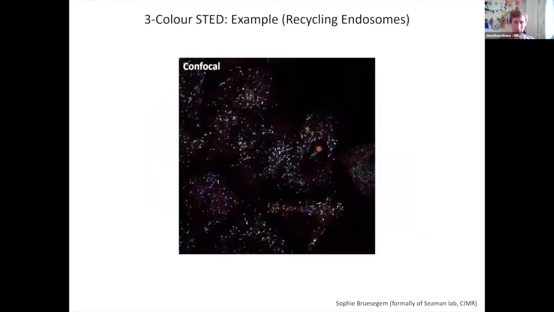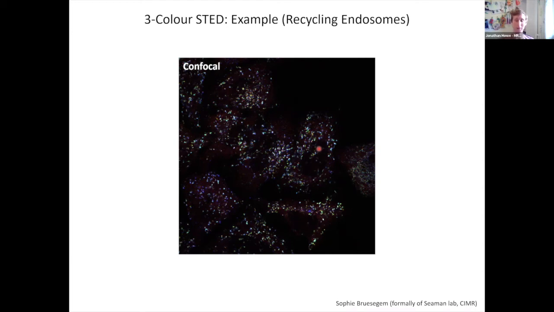And finally, here's a 3-color example from Sophie from the CIMR. This sample has been labeled with 3 antibodies directed against receptors which are being trafficked through recycling endosomes.